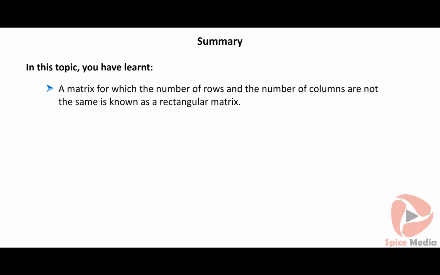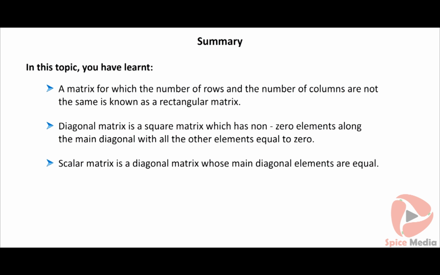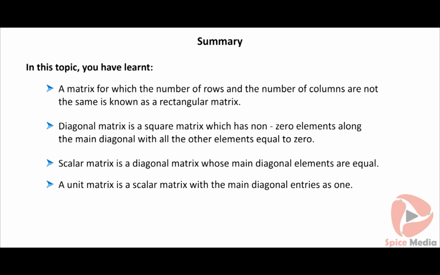If the number of rows is equal to the number of columns, the matrix is a square matrix. A matrix for which the number of rows and the number of columns are not the same is known as a rectangular matrix.